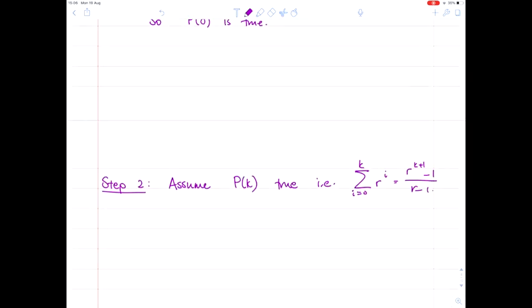So that we've got to work with, and we need to show that Pk plus 1 is true, i.e. what we need to show is that this equation is true. So this is going to be an r to the k plus 2.